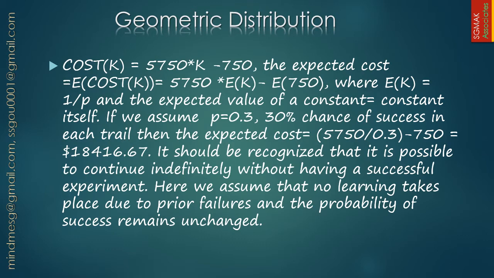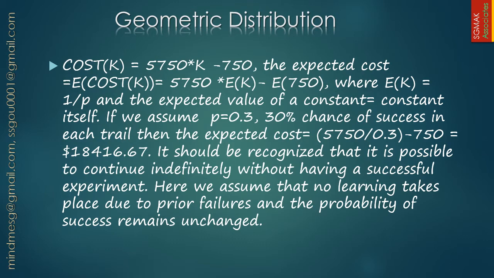Now if you assume that p is 0.3, that means we have a 30% chance of success in each trial, then the expected cost comes out to be $18,416.67. So if the probability of success in each trial is 0.3, 30%, then the expected cost of performing this experiment successfully is $18,416.67.